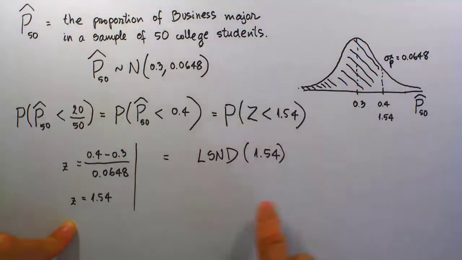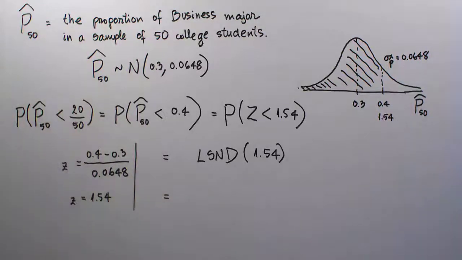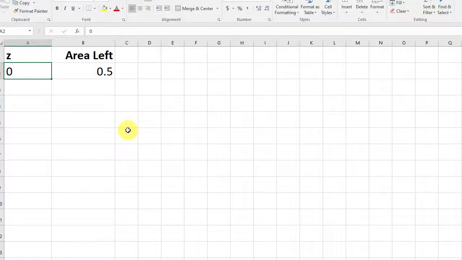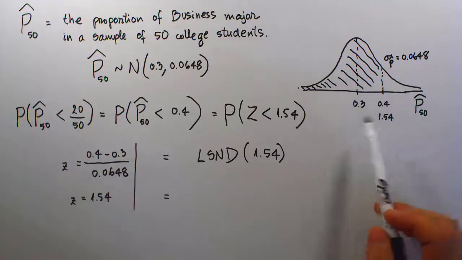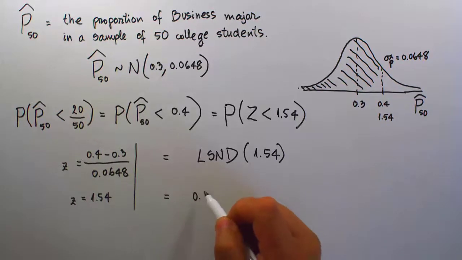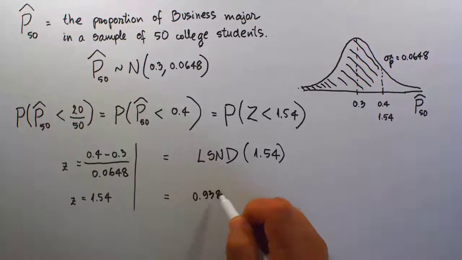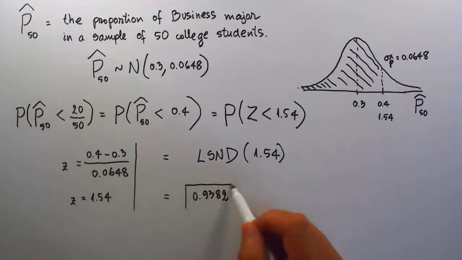So here with my LS&D program at z-score 1.54, the area shaded to the left of 1.54 on the standard normal distribution curve is 0.9382. And since this is going to be our final answer, it is simply rounded to 4 decimal places.